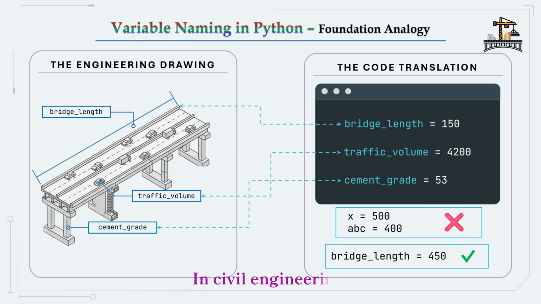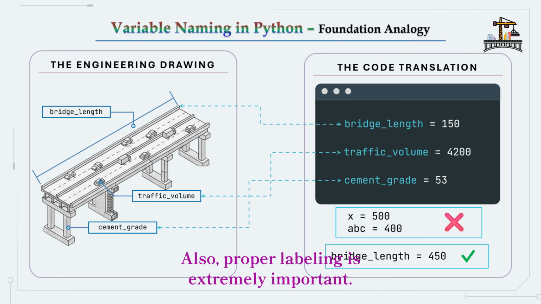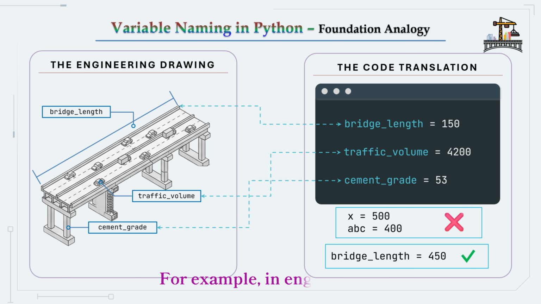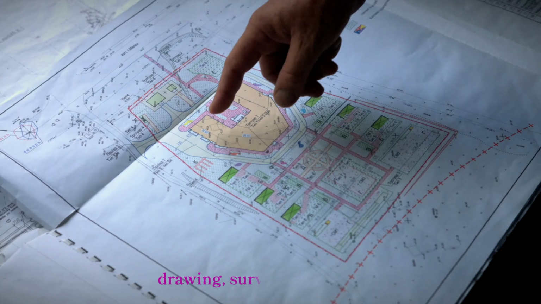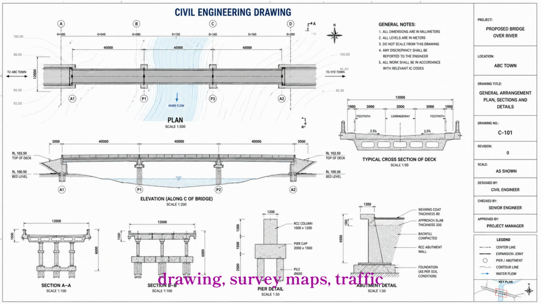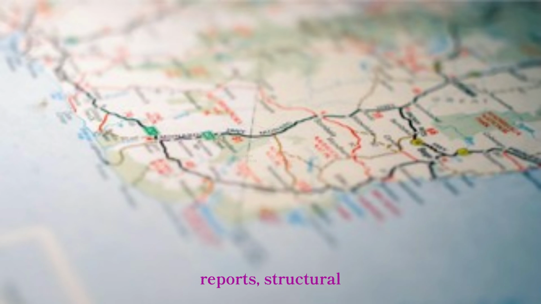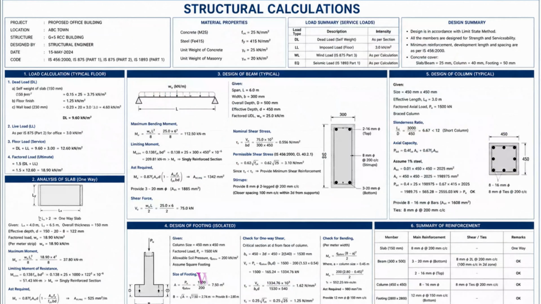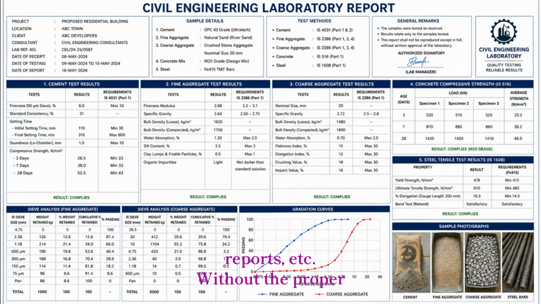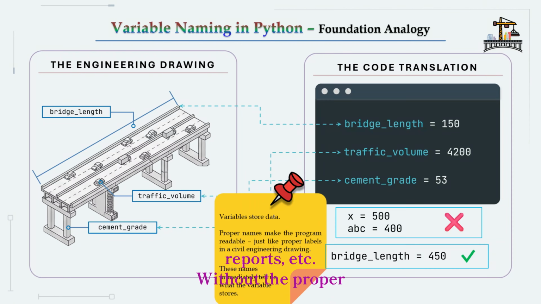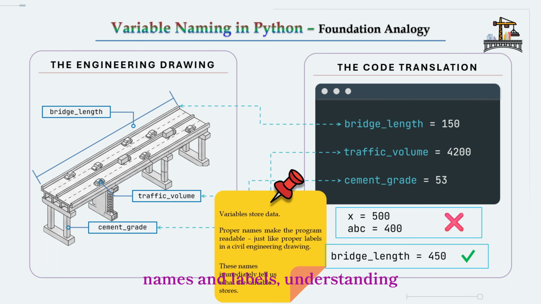In civil engineering also, proper labeling is extremely important. For example, in engineering drawings, survey maps, traffic reports, structural calculations, laboratory reports, etc. Without proper names and labels, understanding the codes or the reports becomes difficult.